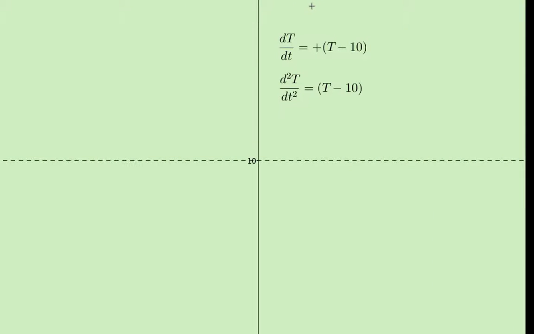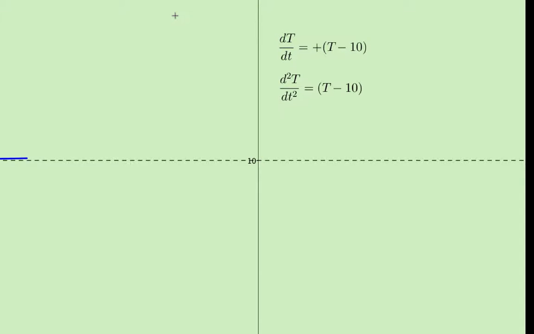We'll now discuss unstable solutions. So here is the equation, but now with a positive sign instead of a negative sign. And this will mean that when T is greater than 10, the slope will be positive. And this is going to lead to an unstable solution.